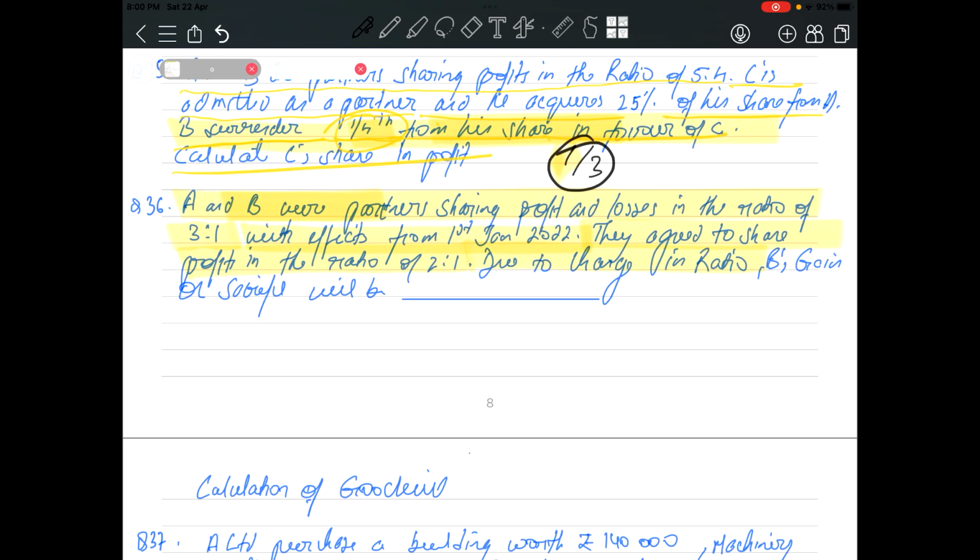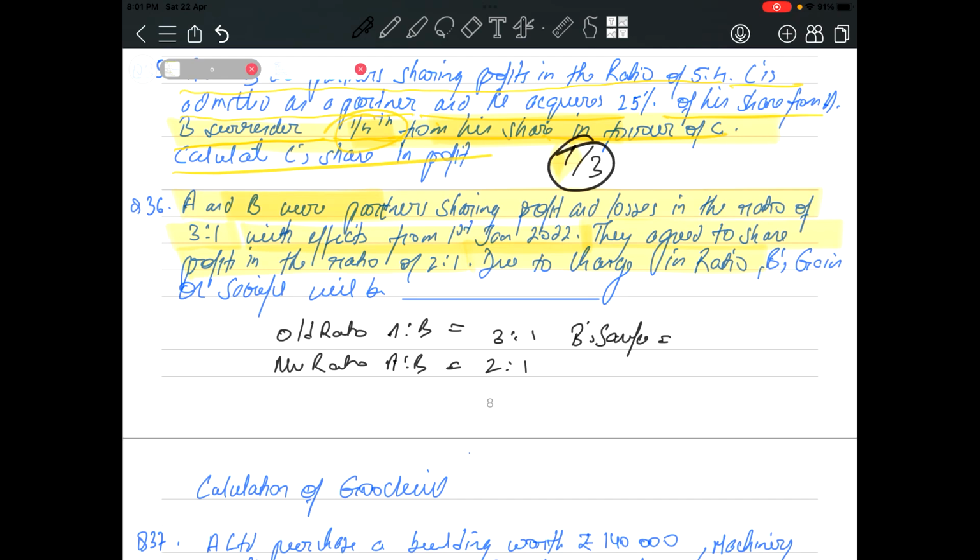What is the old ratio? The old ratio between A and B is 3:1. What is the new ratio? The new ratio between A and B is 2:1. Now we have to calculate B's sacrifice or gain. You can calculate either; let's calculate B's sacrifice. What is the formula of sacrifice?